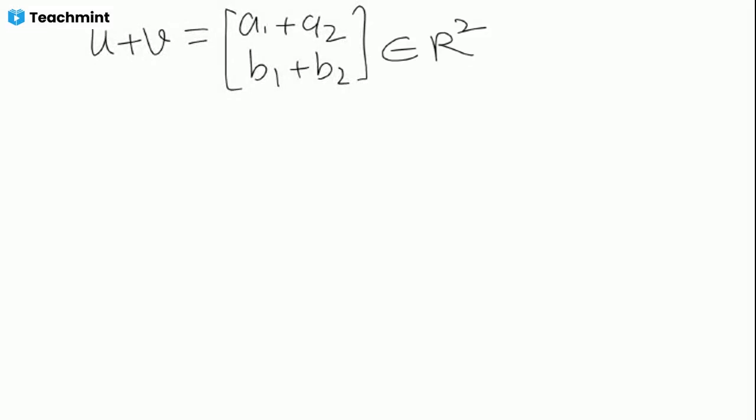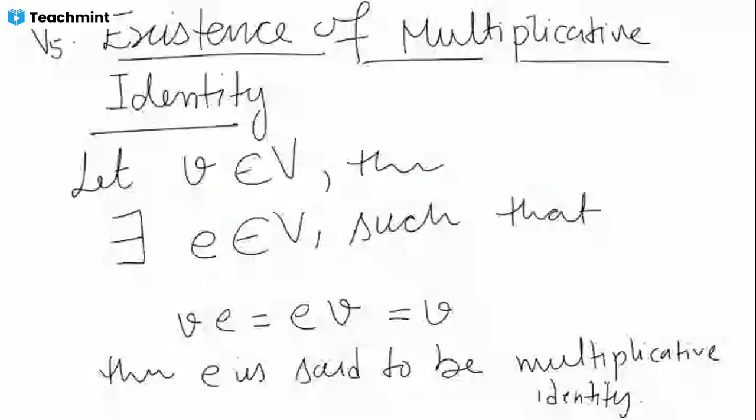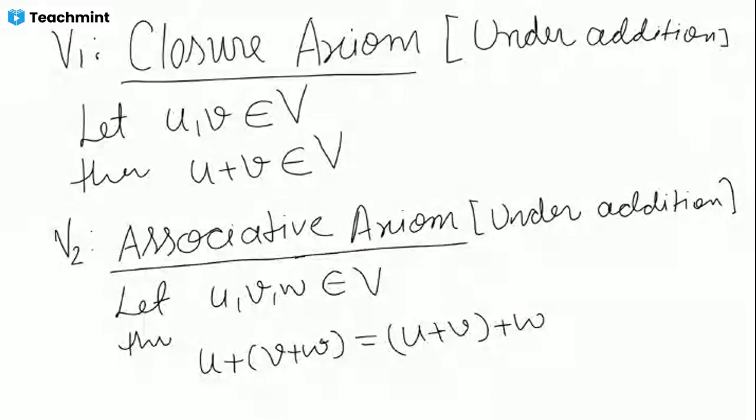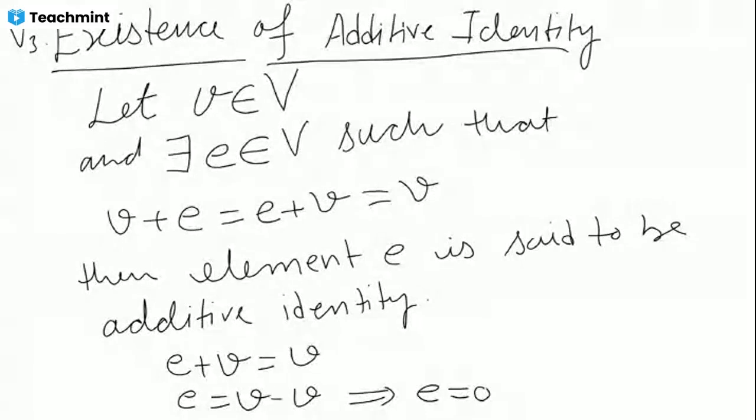Similarly, you can verify the associativity, because in that case you need to take three vectors. And after that, existence of identity, obviously we'll have such a vector having components 1, 1.